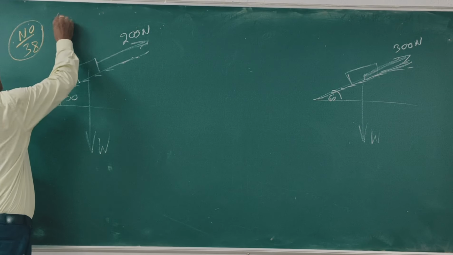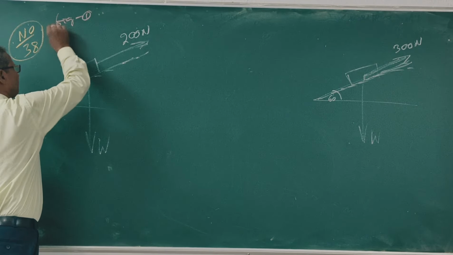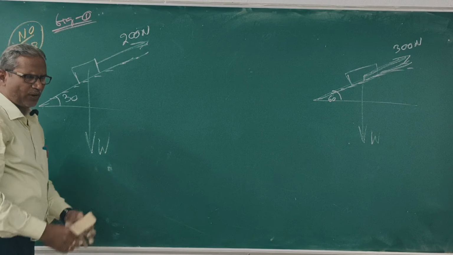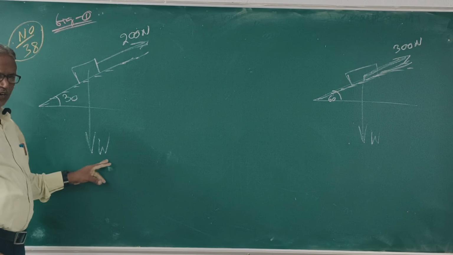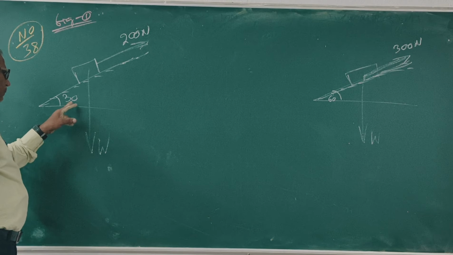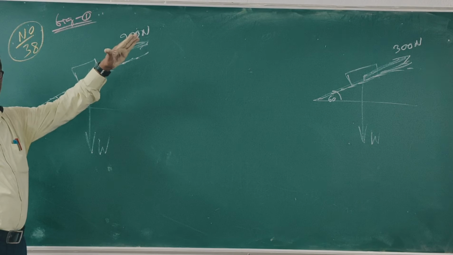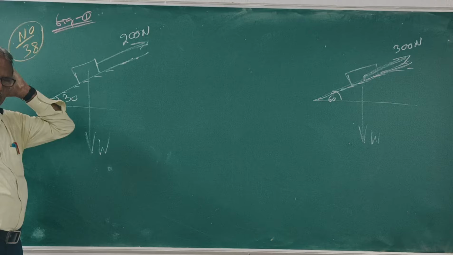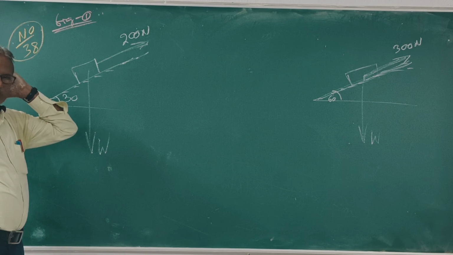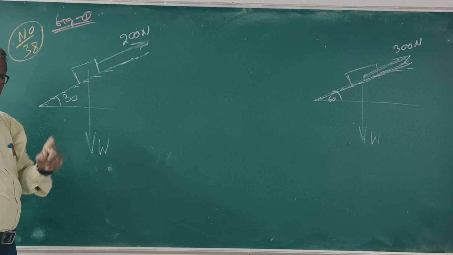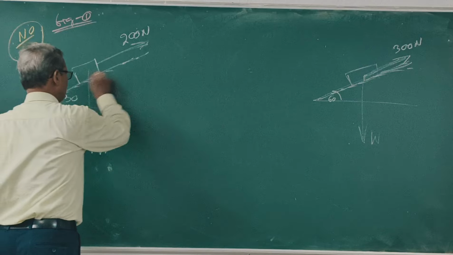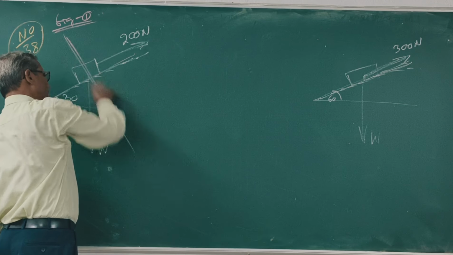This is figure 1. In figure 1, the weight W, the plane makes 30 degree with the horizontal. This is force 200 Newton. Now, what is the normal action? Normal to the support surface, this is reaction Rn1.